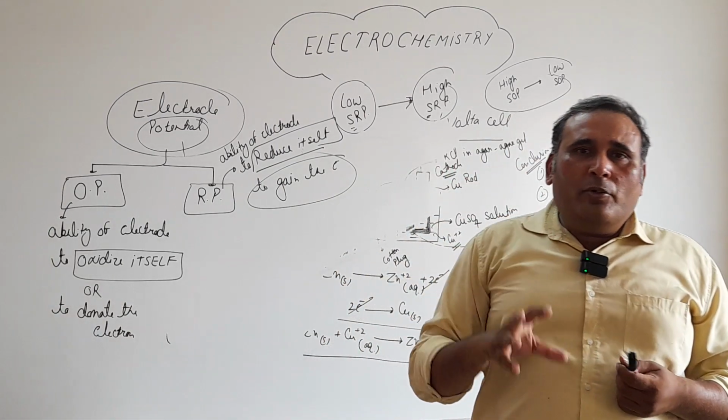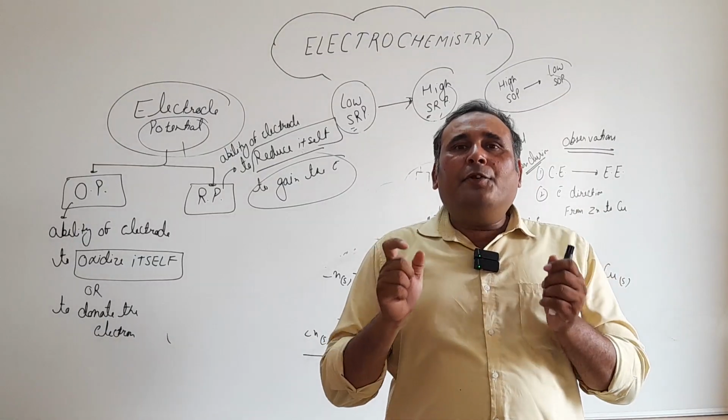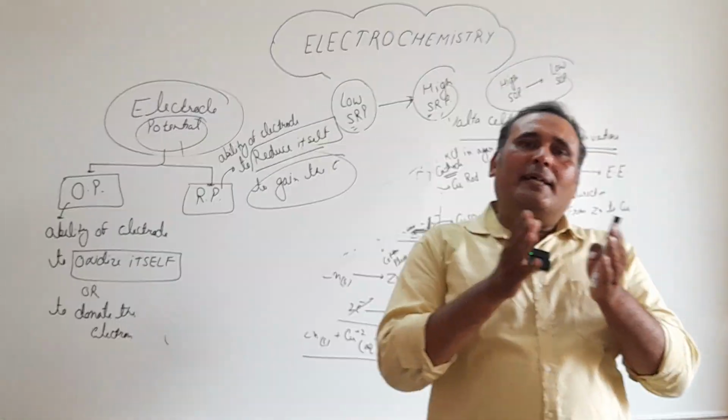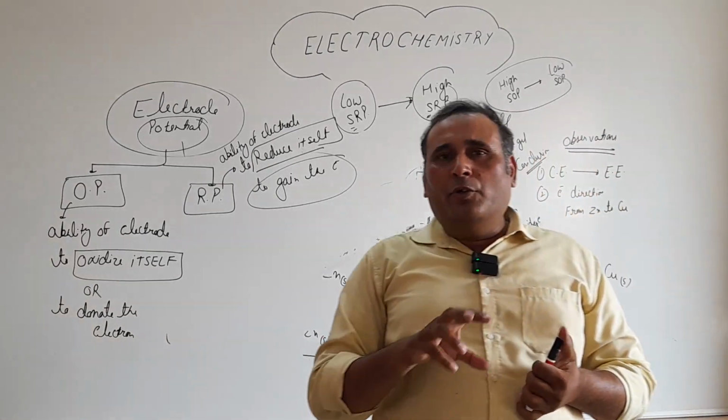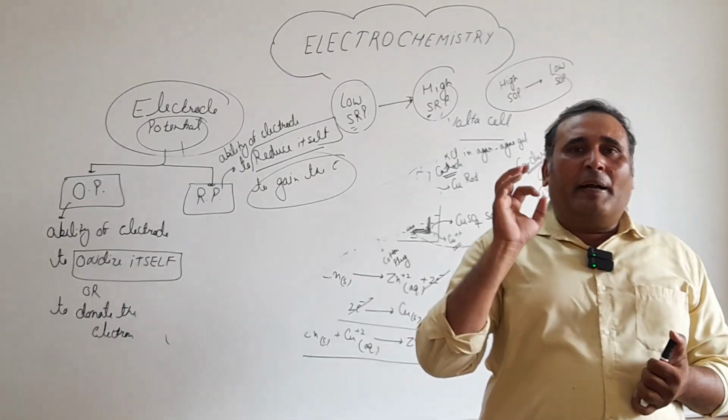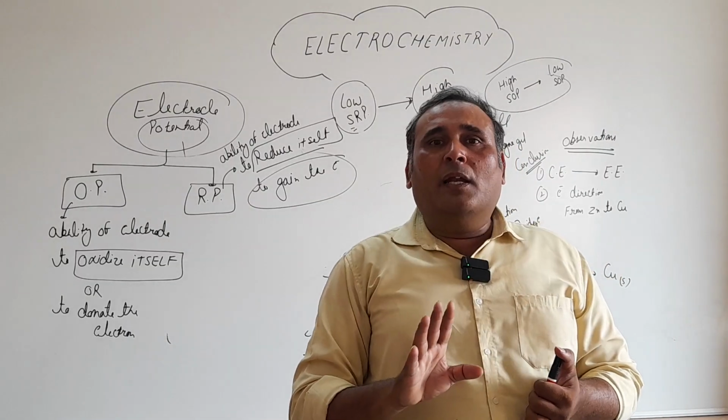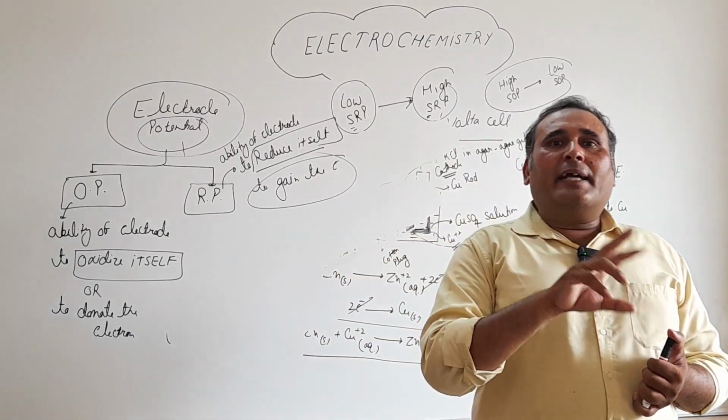And for a particular electrode, the magnitude of SOP and SRP is always equal, just the signs are opposite.